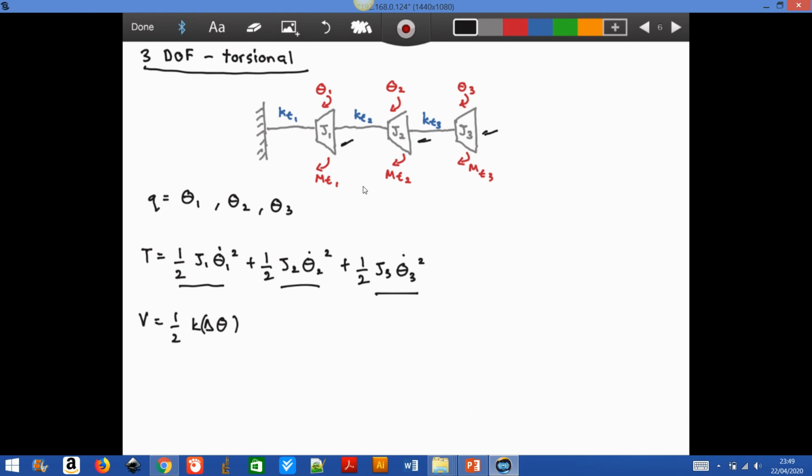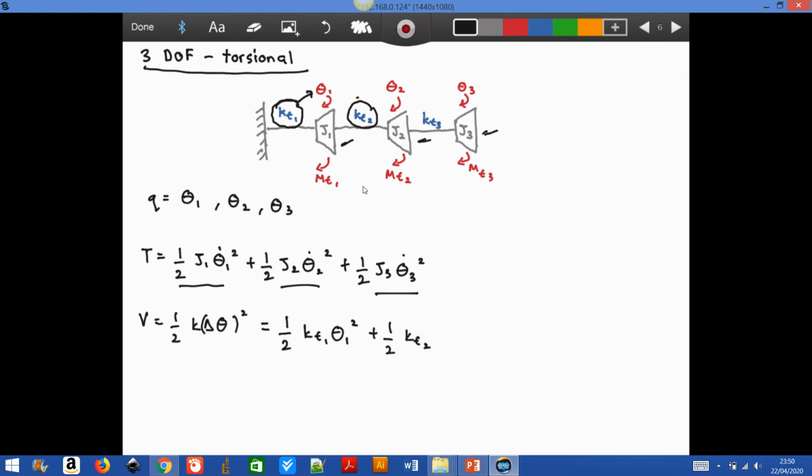Moving on, V is actually half K delta theta squared. The first one, KT1, will react with theta 1, so it will be half KT1 theta 1 squared. The second one, half KT2.